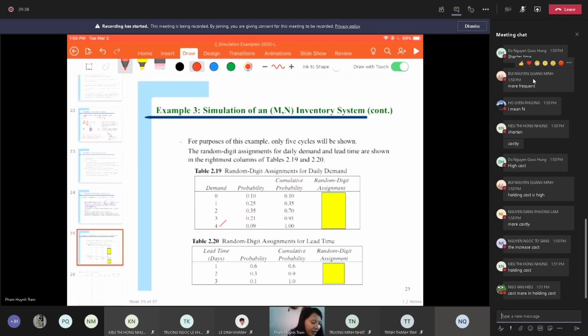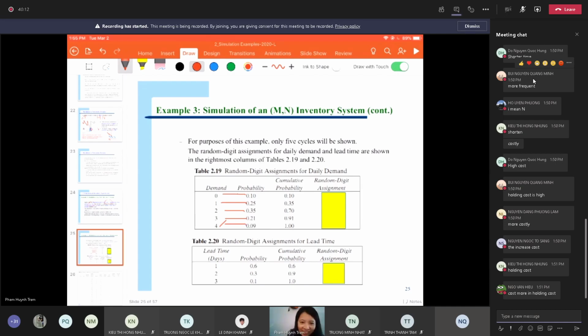And again, we also come up with the probability from the data. 10% of the case we receive no demand, no order. 25% we receive one order that day. 35% we receive 2 orders on the day, 21% 3 orders, and 9% that we got 4 orders on that day.